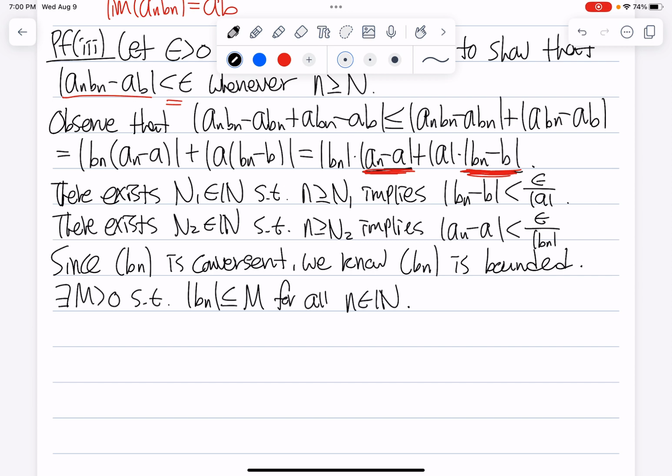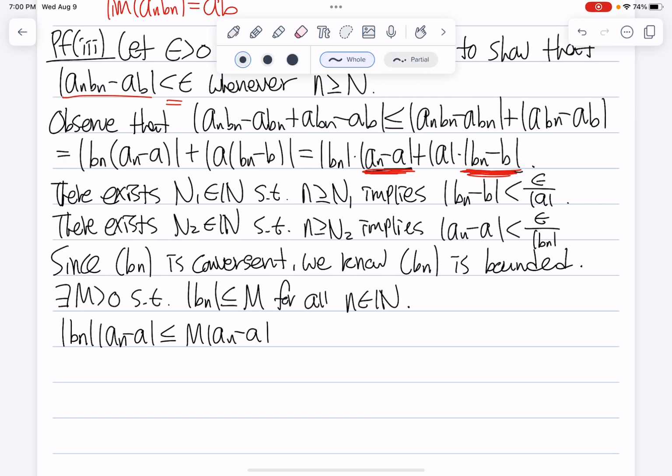So we have that |bn||an - a| is less than or equal to M times |an - a|. Right? This is true because M is always greater than or equal to |bn|. So replacing |bn| with M yields this inequality. So keep this in mind because we're going to be using this.